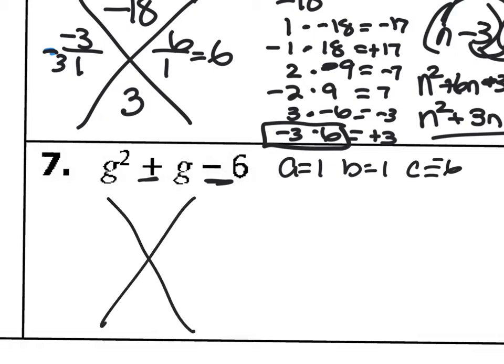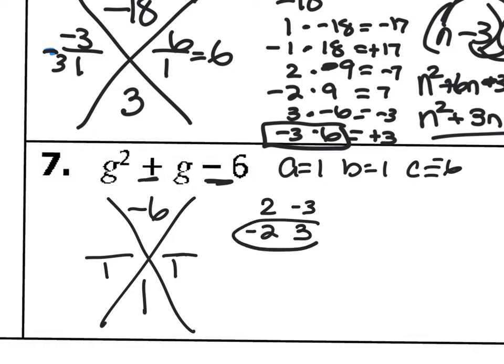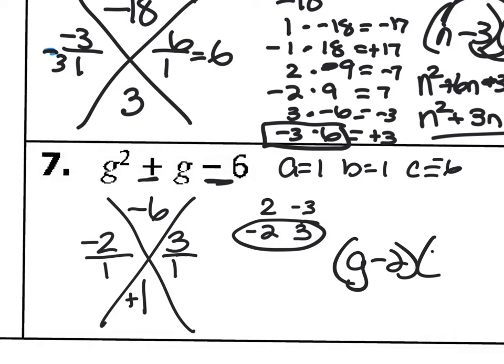So 1 times negative 6, and B is 1, and we're dividing by A, which is 1. So factors of negative 6, you got 2 and negative 3, and negative 2 and positive 3. Well, if I add these together, I'll get positive 1, right? So they're going to be negative 2 and 3. So it's going to be g minus 2 and g plus 3.